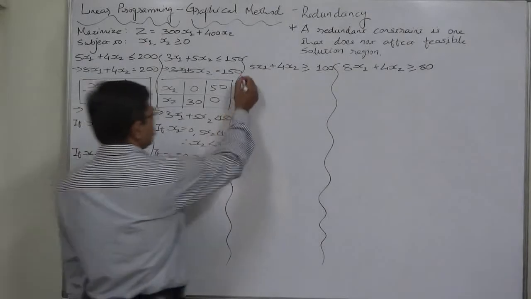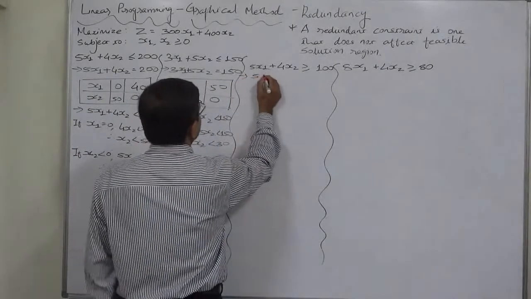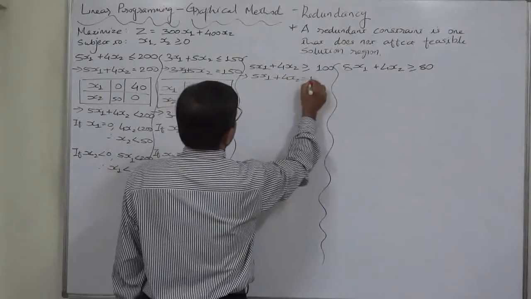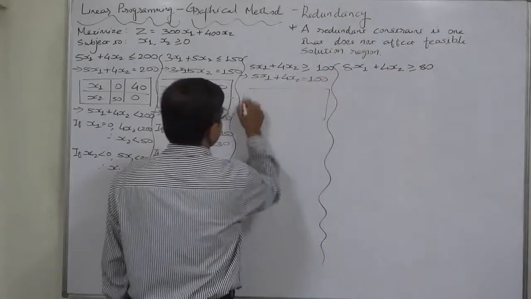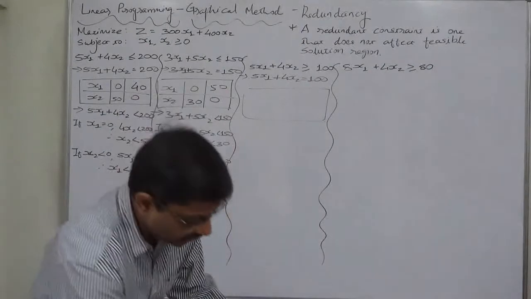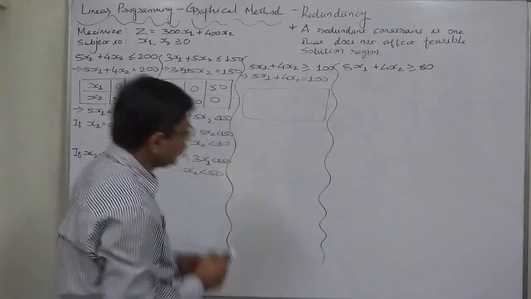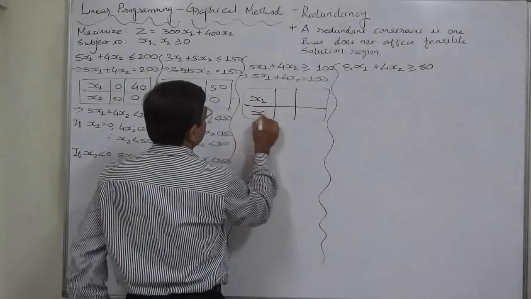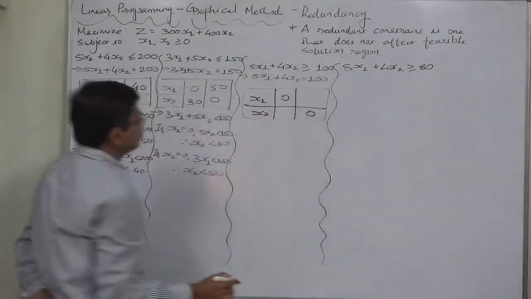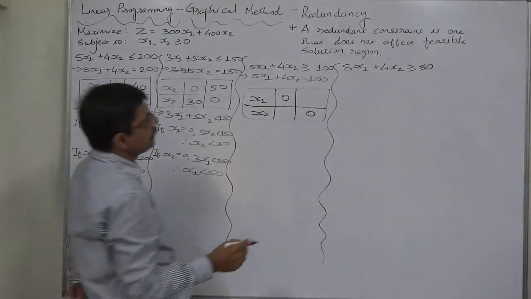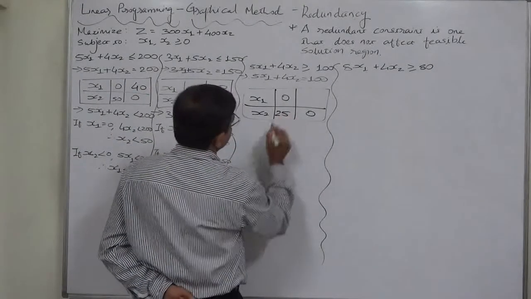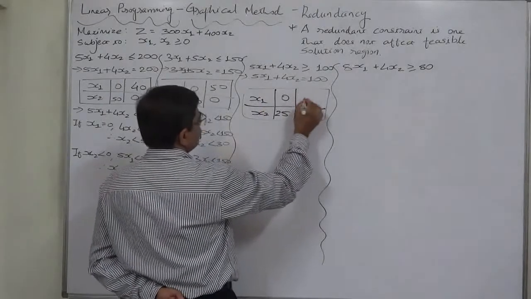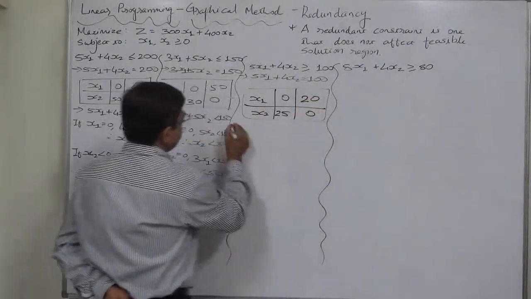In case of the third constraint, 5x1 plus 4x2 equals 100 will be the equation that will give us the two required points to draw the straight line of the equation. If x1 is 0, then 4x2 equals 100, that means x2 is 25. If x2 is 0, then 5x1 equals 100, so x1 is 20.